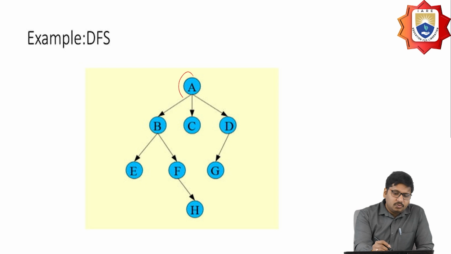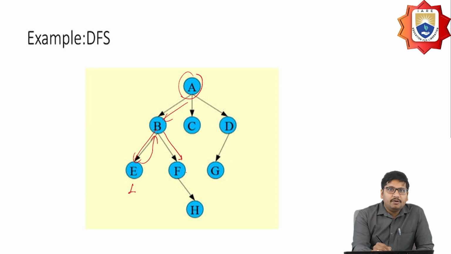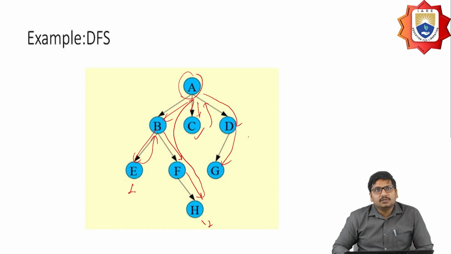From this starting node, I have to visit B. From B, I visit the next one, E. Since this one is ending, I have to go back by backtracking, and visit F, and from F to H. Again this ends, so I go back to the previous node and visit the next one, C. Again I backtrack, and visit D, and then G. So this is the way of finding the DFS of this graph.